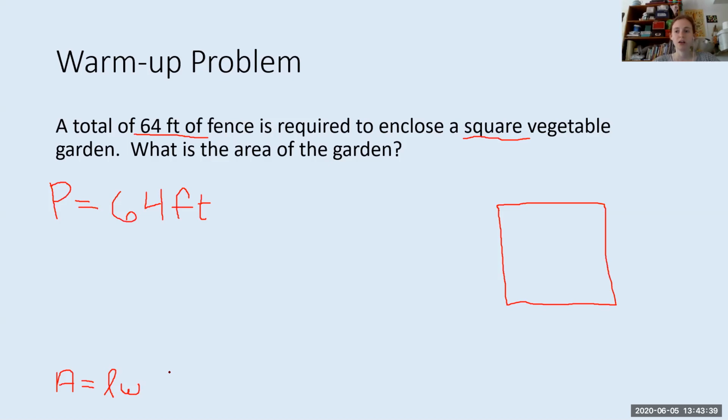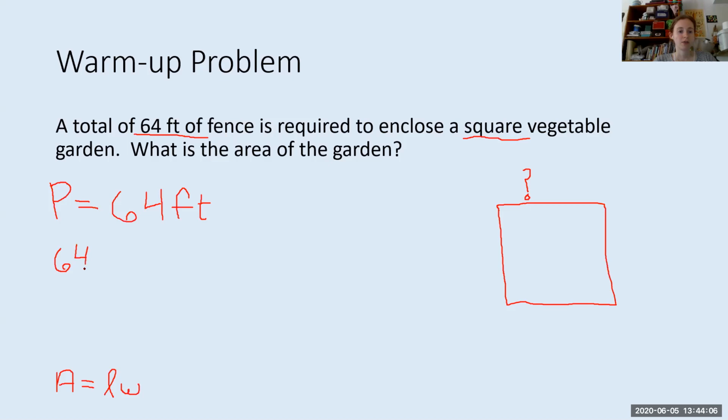So for this square, I need to know the length and the width to calculate the area. Now, what's nice about a square is that those two things, the length and the width, are going to be the same thing because all the sides are the same. So really what I need to do is figure out the length of one of the sides of the square. How can I do that? Well, I have the total distance around the square, 64 feet.